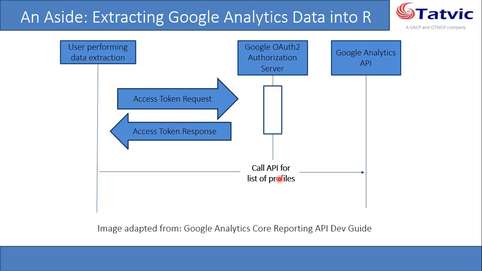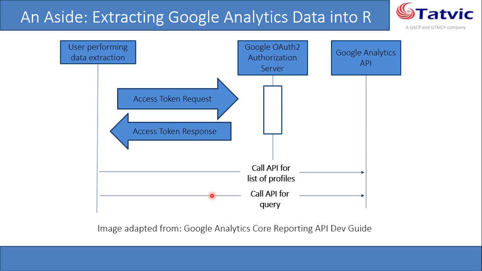The next step is to retrieve a list of profiles belonging to our Google Analytics account. Once we have the list of profiles, we select the profile ID that we wish to query, and with that we pass a list of dimensions, metrics, and the time frame for which we want to query our data.